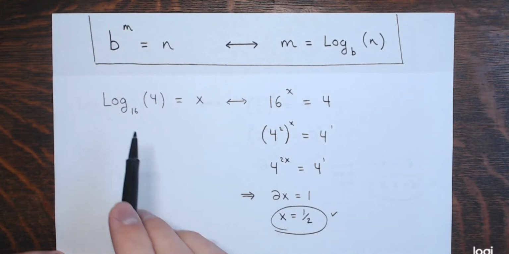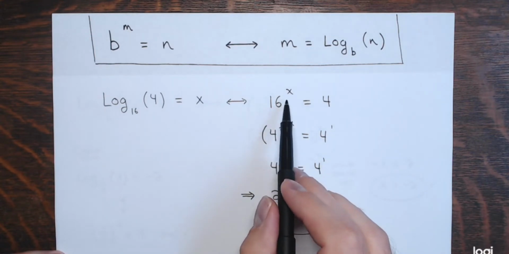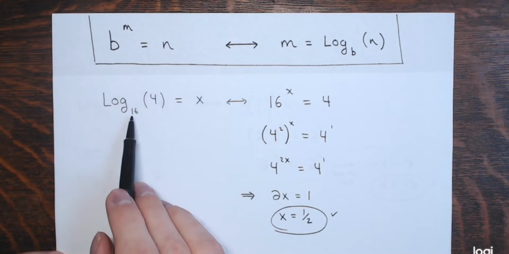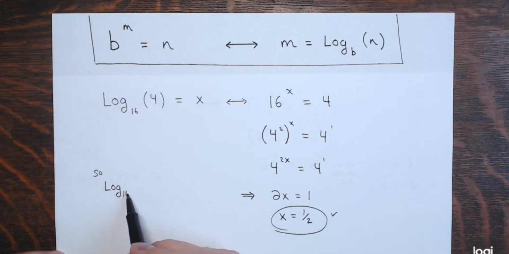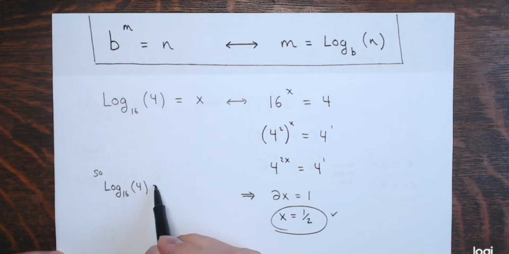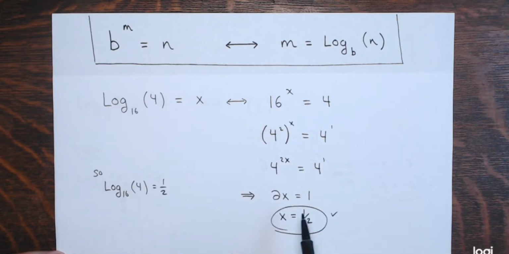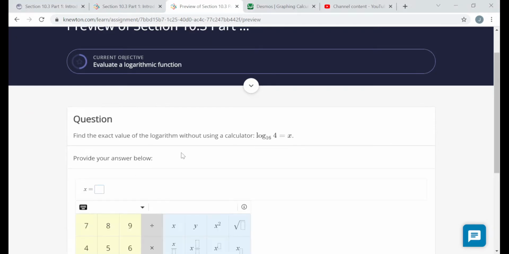I told you already, 16 to the 1/2 power, the square root of 16, is 4, indeed. So the log base 16 of 4 is 1/2, since 16 to the 1/2 power equals 4. The value of x that satisfies that statement is 1/2.